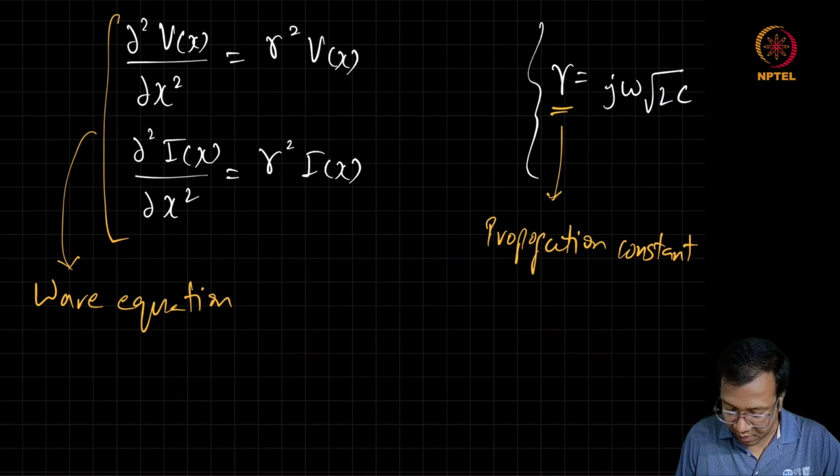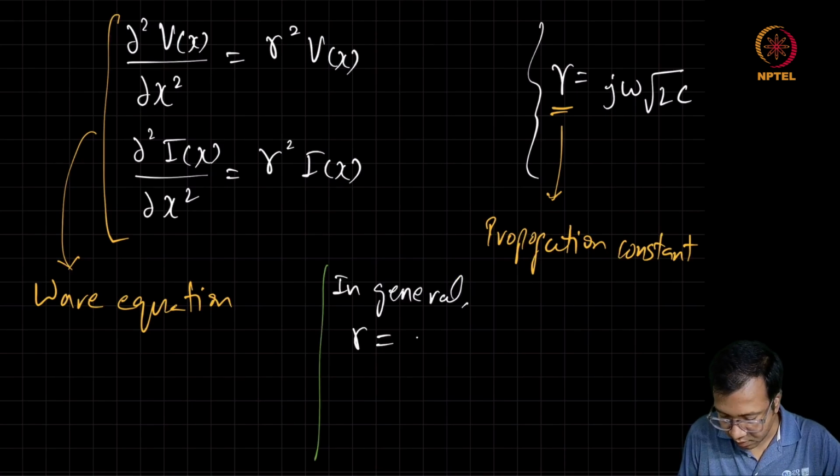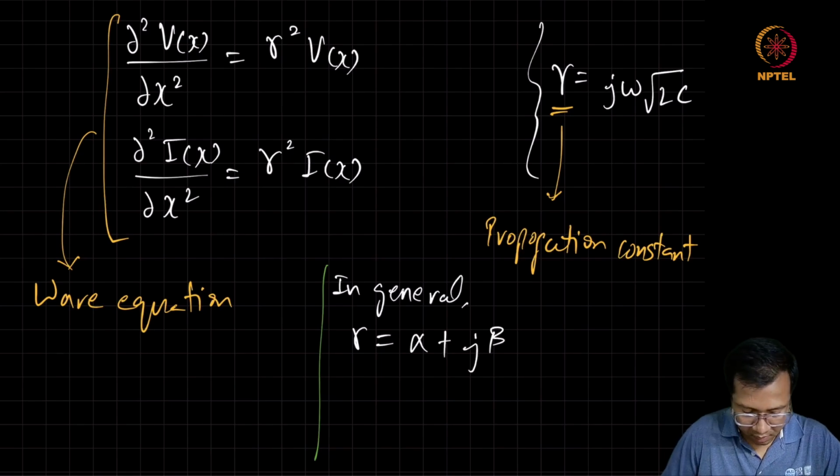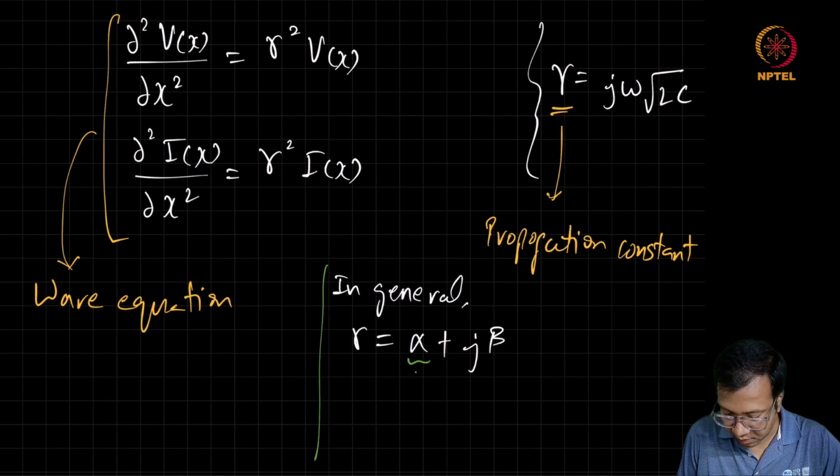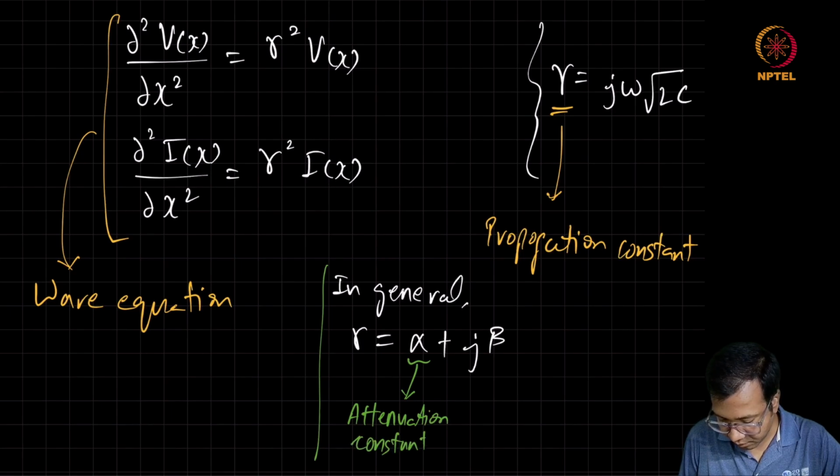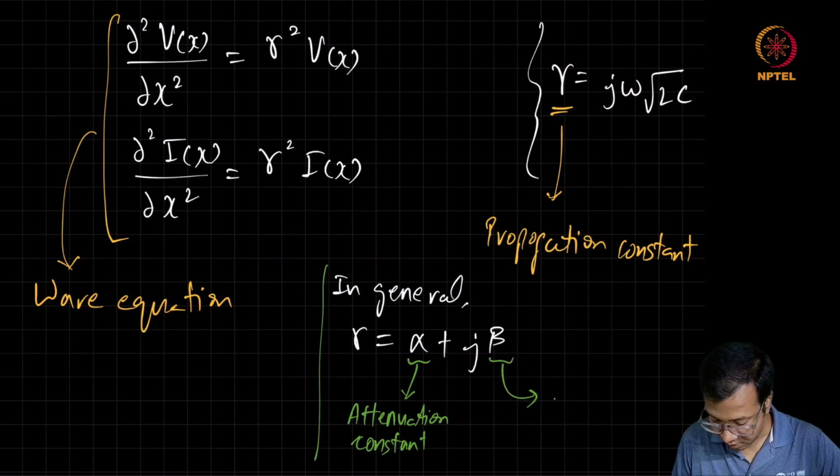But in general, we find that gamma has a real as well as an imaginary part, and the real part is called the attenuation constant, alpha, whereas beta, the imaginary part, is called the phase constant.